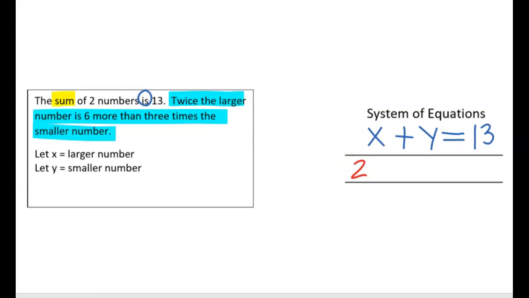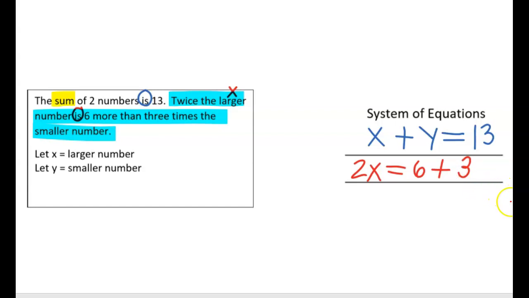Twice the larger number. Which one of my variables is the larger number? Twice the larger number, and it tells me down there that the larger number is x. What do I put where the word is? The equal sign. 6 more. More means add. 3 times the smaller number.